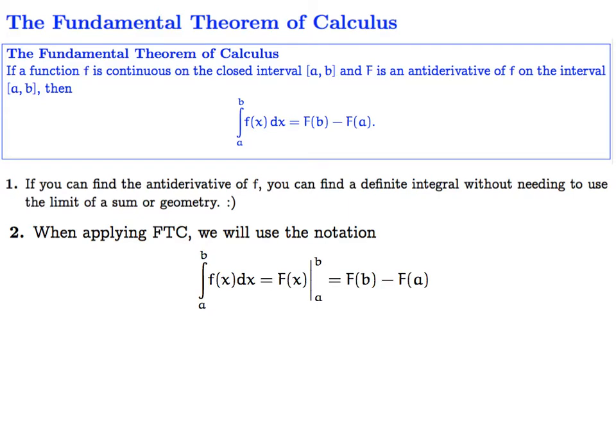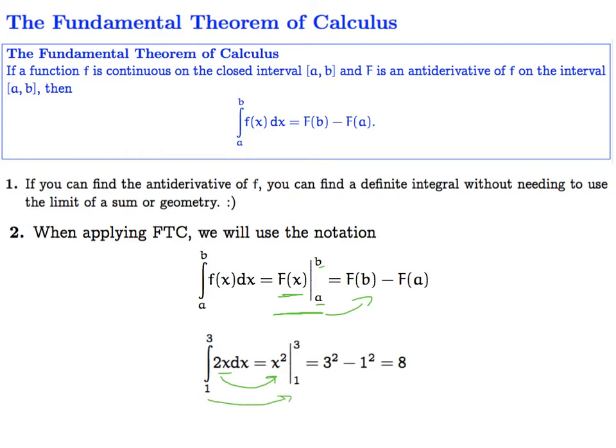So the shortcut notation is that we have this intermediate step here where we have a vertical bar that shows our antiderivative very abstractly as a function, the upper and lower limits, and then we go ahead and substitute it in. So let's just see this thing in action. What we have here is that the antiderivative of 2x becomes x squared, because we remember that's reversing the power rule for integrals.